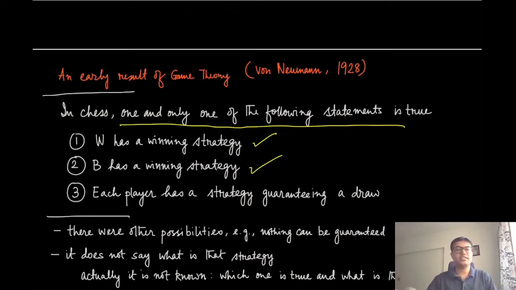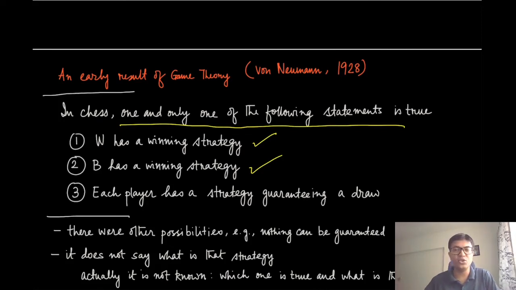Now what it does not say is which one of these 3 is true. So there is still a slight amount of open space. It does not say which one of these 3 things is true, and also it does not say what that strategy is. It just says that W has a winning strategy, or black has a winning strategy, but it does not say which strategy that is.